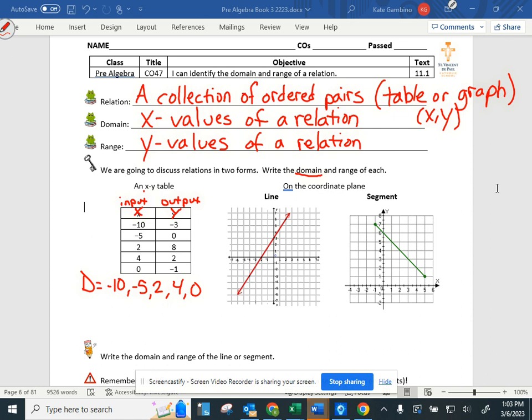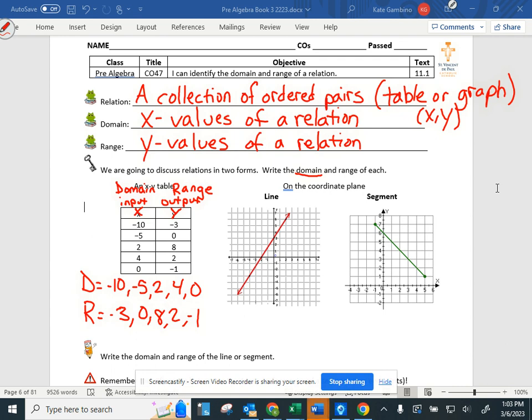So our x we know is the input. That is our domain. Our range is the output, which is the y. So if I'm going to write my list for my range, what am I going to put? James? -3, 0, 8, 2, -1.